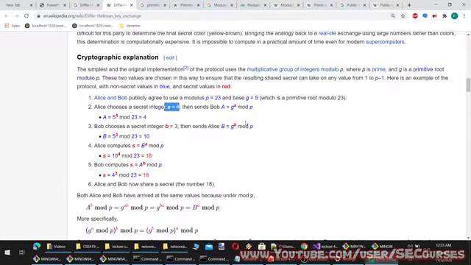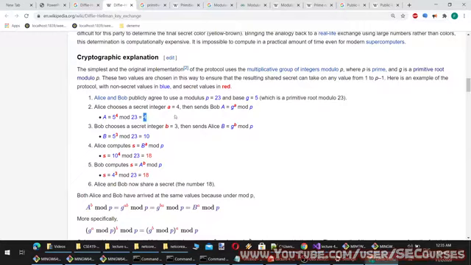Bob doesn't know it, and no one else knows it. However, Bob is receiving number A, which is g^a mod p. What does that mean? That means that 5^4 mod 23 is 4. So Bob is receiving the message as 4.